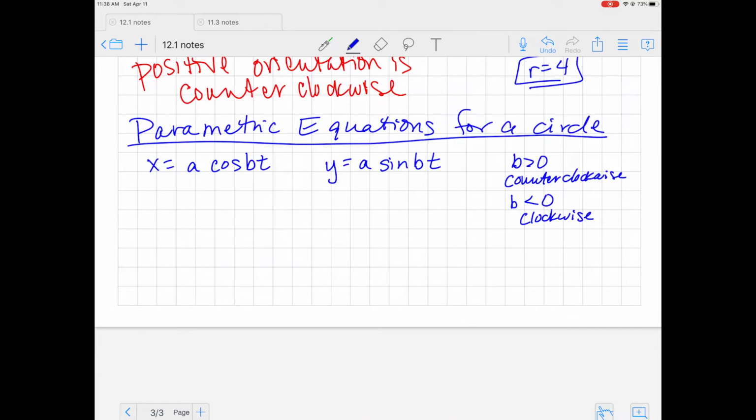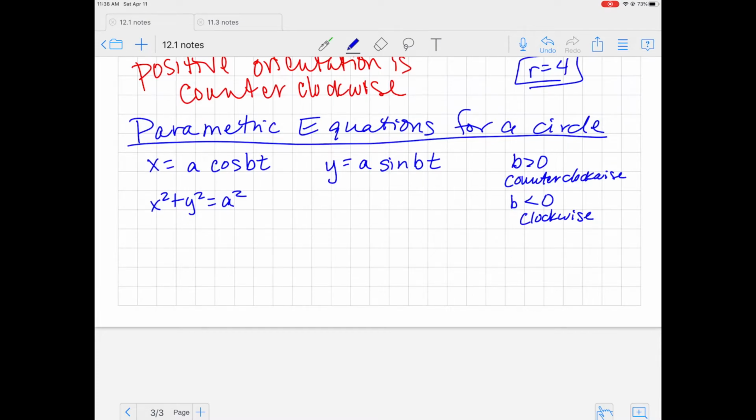All right, so also, if I have x squared plus y squared equal to r squared, right? Well, I'm going to put a because that goes with the formula better. So x squared plus y squared is equal to a squared.